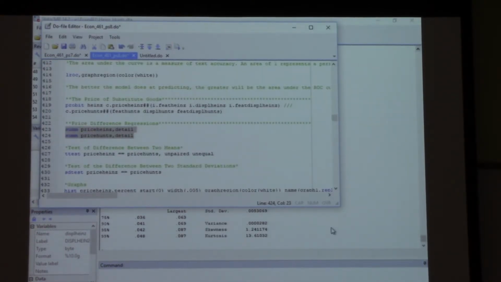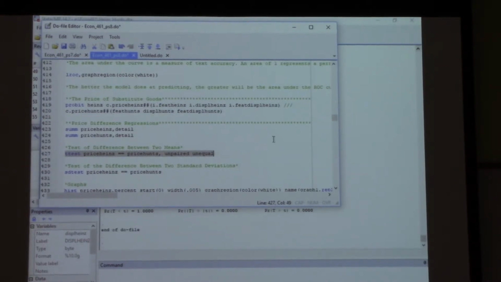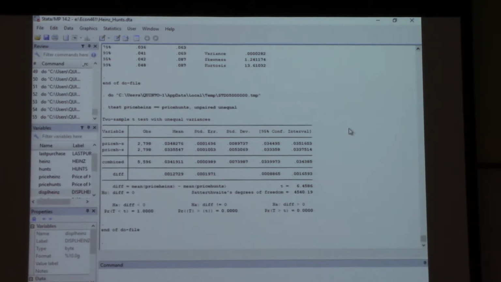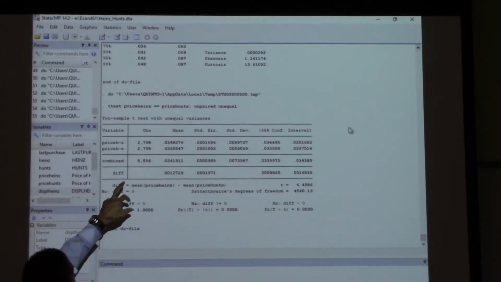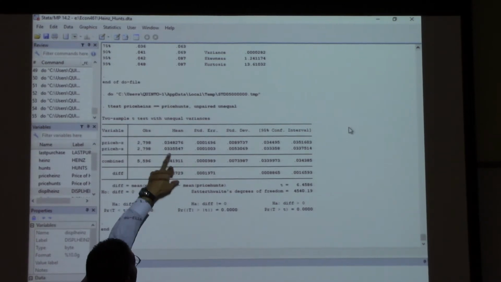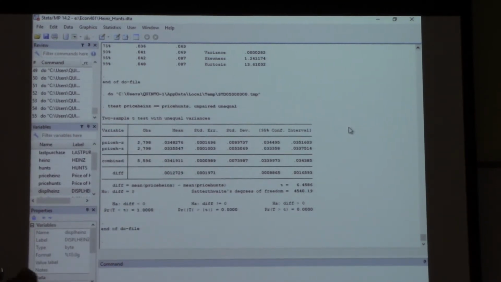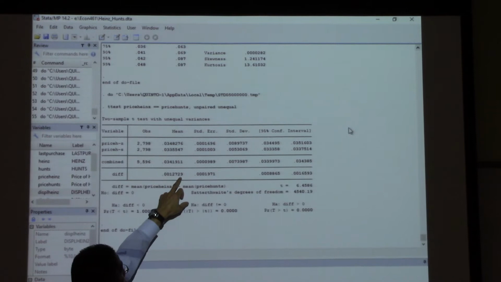Do I graph them? We can test to see if they're different. Here's a t-test. So this is kind of like running a regression on these, but we're doing a hypothesis test on the difference between the two means. Here's the price of Heinz, the 35, and here's the 33 for the price of Hunt's. The difference is this.